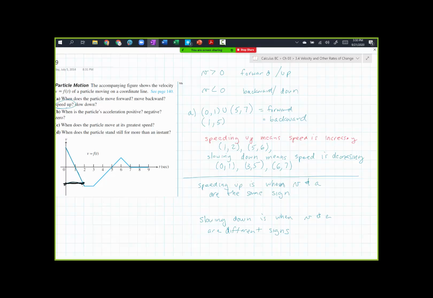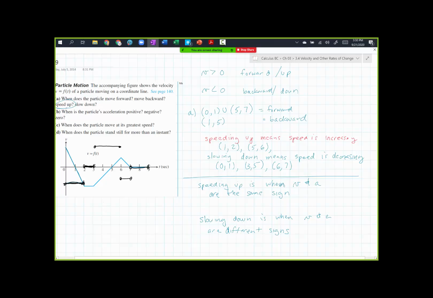From 2 to 3, it's remaining steady, so zero acceleration there. From 3 to 6, I've got some kind of positive acceleration. These should all be open circles, by the way. From 6 to 7, I've got some sort of negative acceleration. And from 7 to 9, zero acceleration again.